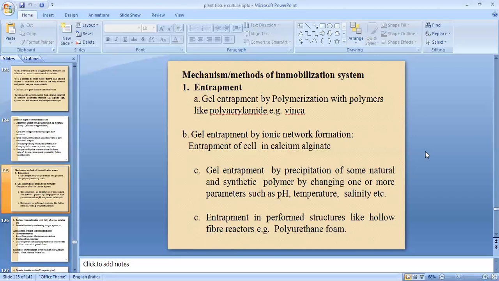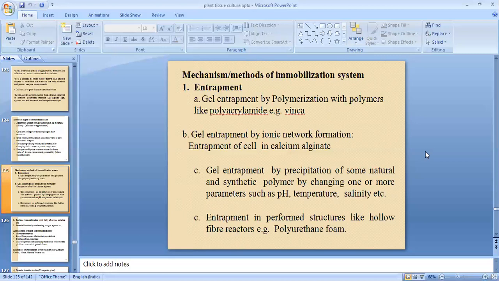First, we will prepare the sodium alginate solution, and with that we will mix the yeast cell suspension. That means here we are entrapping the yeast cells by this gel entrapment method.